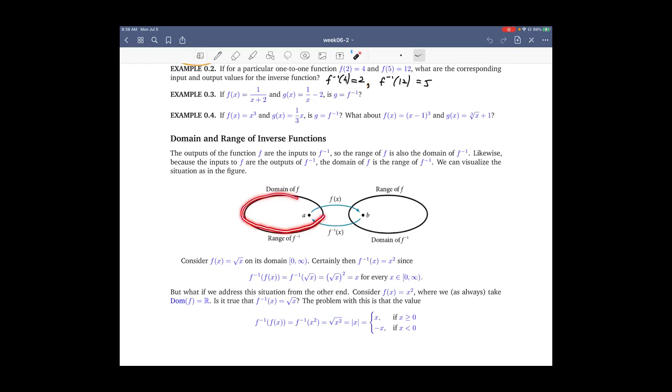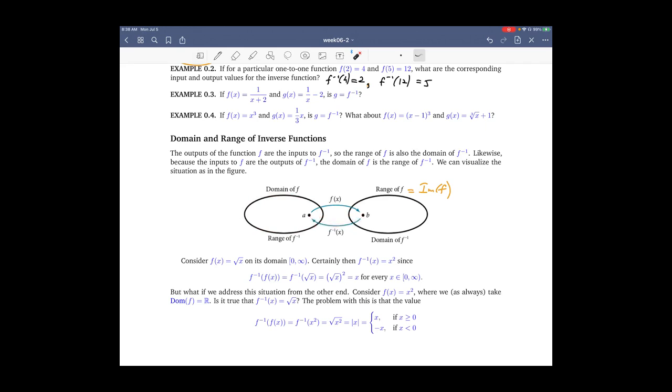The potato on the left is the domain of f, the potato on the right is the range of f or image of f, and f moves or maps elements from the domain to those of its own image. But f inverse works in the opposite direction.